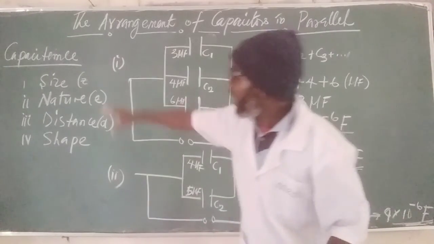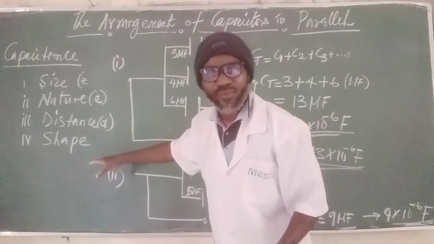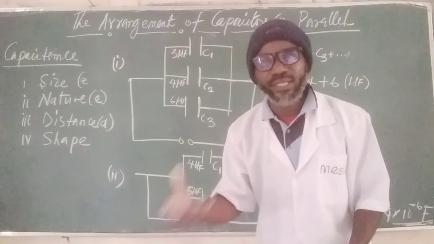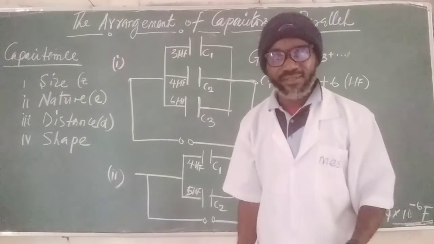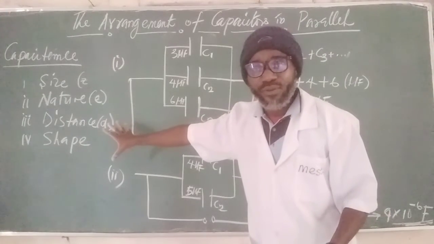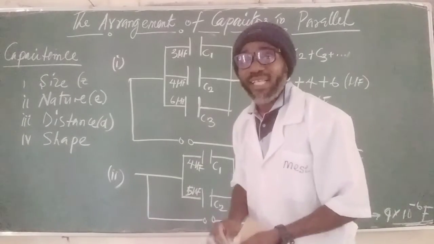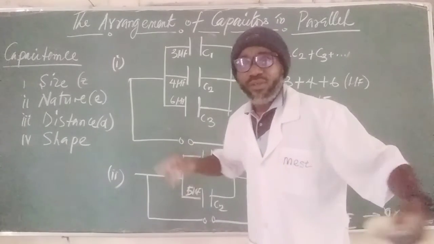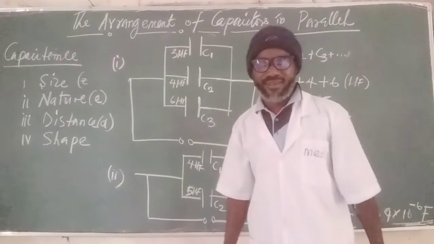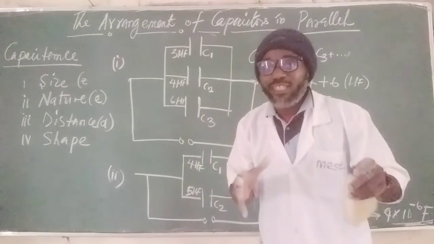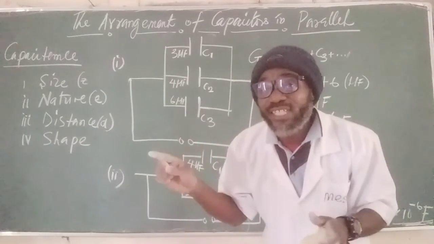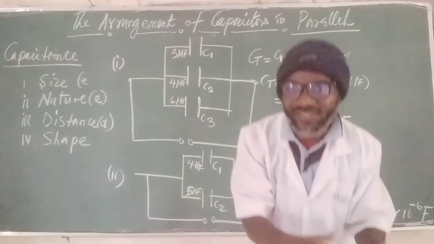So if these 4 things are taken into consideration, we'll be able to say that the capacitance of a capacitor is this or that. So we must note this. Very, very important. When the distance between the 2 plates increases, capacitance of the capacitor reduces or decreases. I repeat, when the distance between the 2 plates increases, the capacitance of the capacitor decreases.